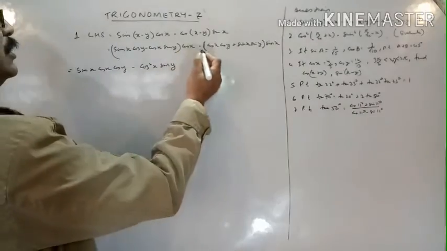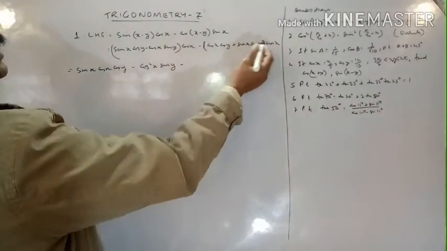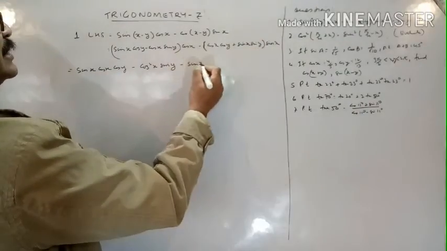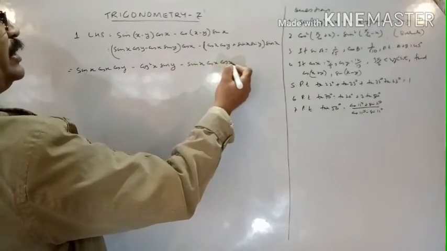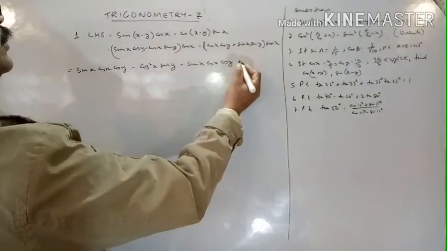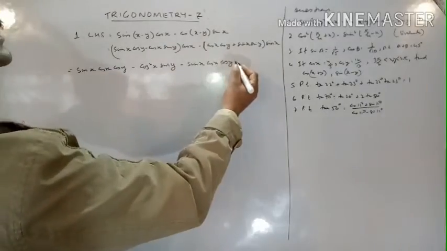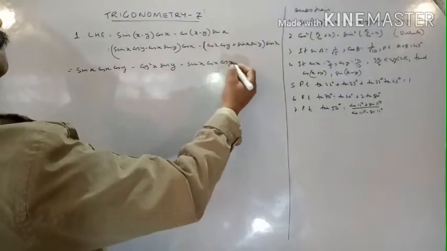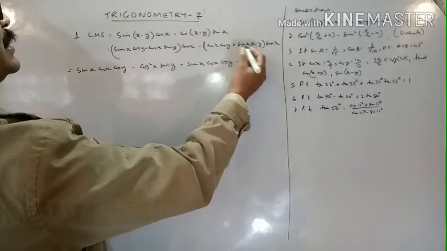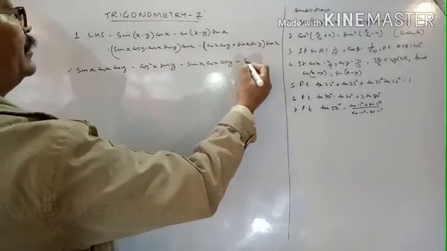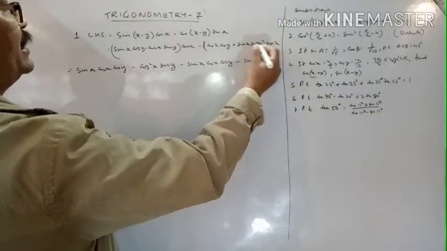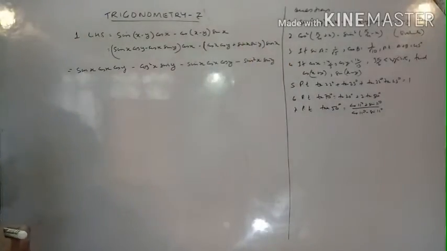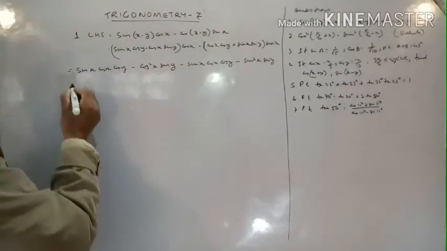Then minus, if you multiply, you get sine x cos x cos y, minus sine square x sine y, because sine x into sine x is sine square x into sine y, and plus into minus is minus.